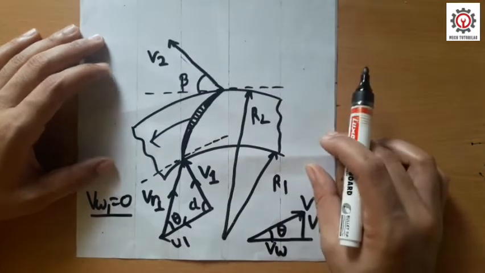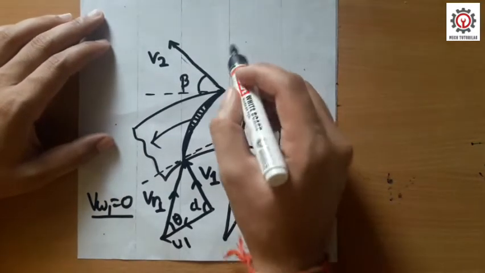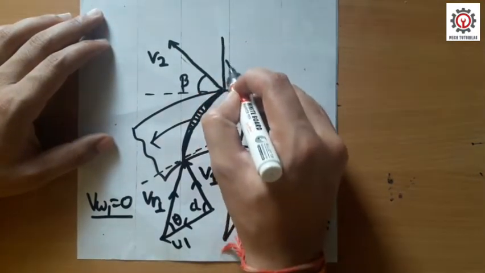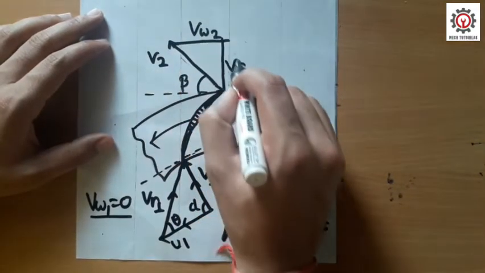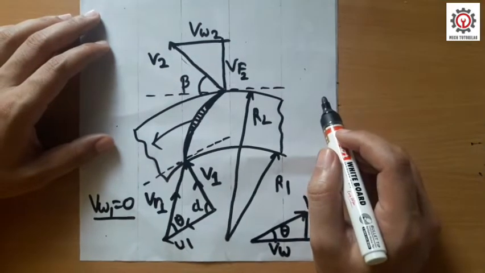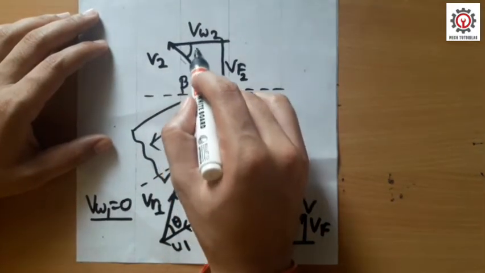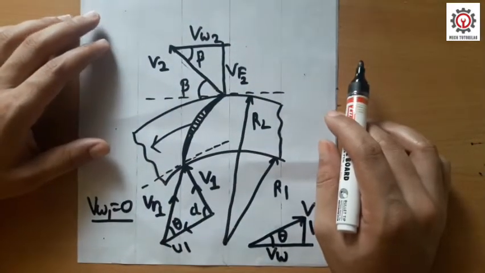So this will surely have a tangential and a vertical component. This is the vertical component vf, this is the tangential component vw2. All right, this angle is beta, so this angle also will be beta, from symmetry we can see that.